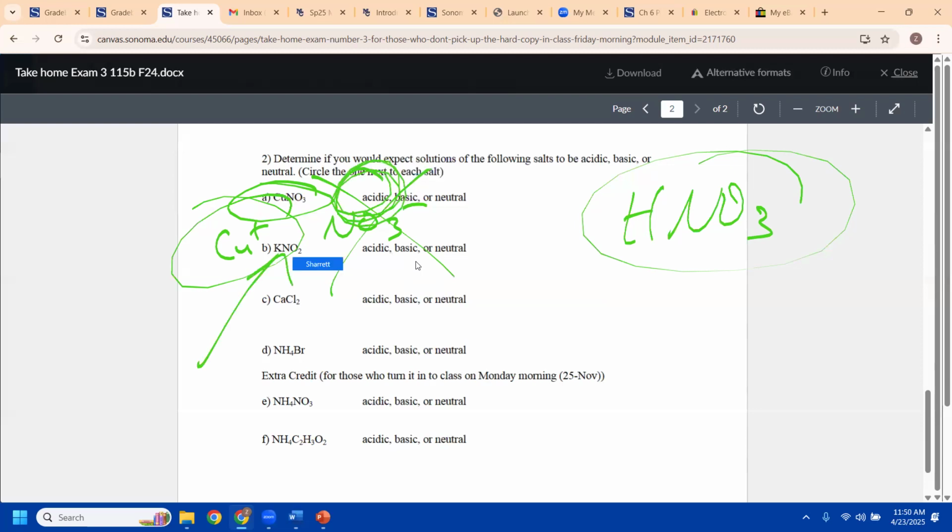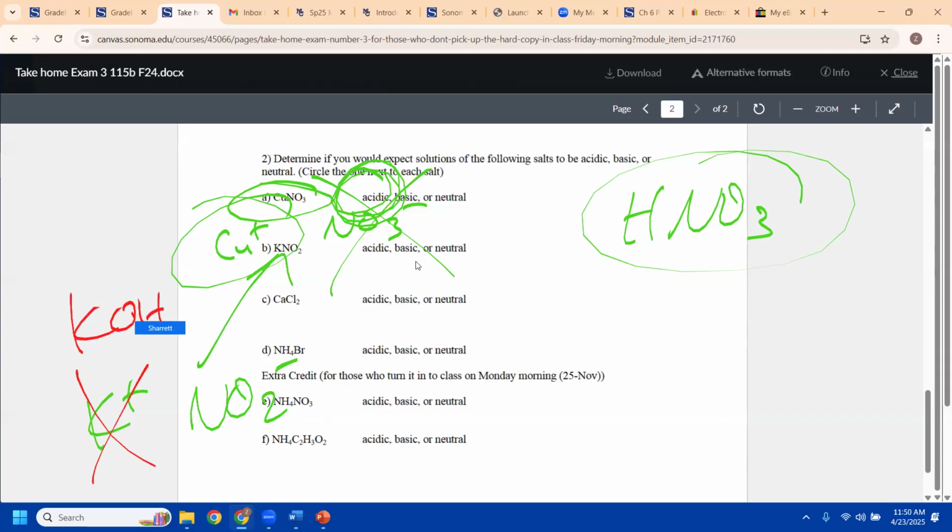What about KNO2? How would we do this one, Cade? Break that apart into two things, K plus and NO2 minus. Are either of those pH neutral? Guess again. Yes, which one? K plus comes from KOH, which is a strong base. Do you think for this test it might be good to know the strong acids and strong bases?